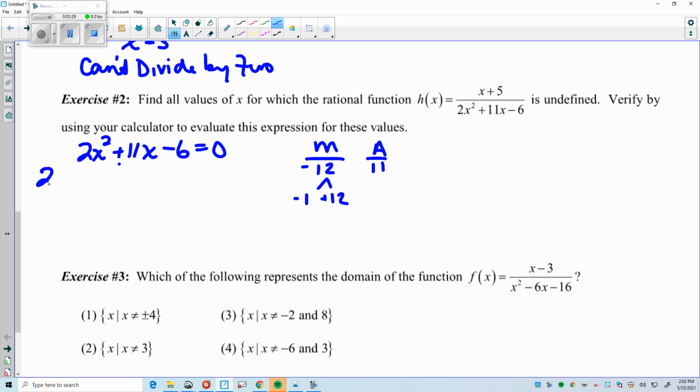Okay, so we copy the first term. We're going to split that middle term up into the 2 factors that we just found. So we're going to find a negative x, and we're going to find a positive 12x. Copy your last term. And now we want to think factor by grouping. Factor by grouping. There we go. Okay, so out of that first term, I could pull out an x.